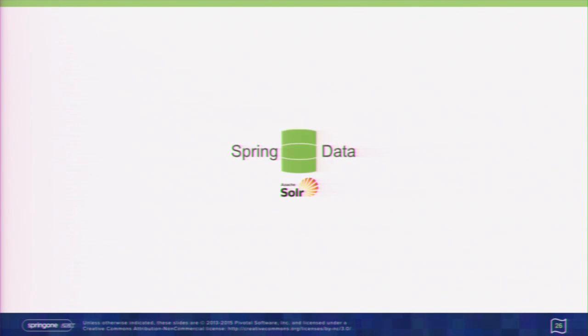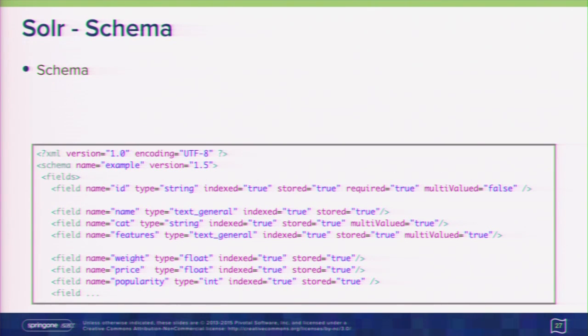Okay. So moving on to Spring Data Solr. And as I said before, there is no Lucene-based search server that's really schemaless. So what you have in Solr as well is something called a schema, and apparently it's an XML document. Within that XML document, you have the fields defined.